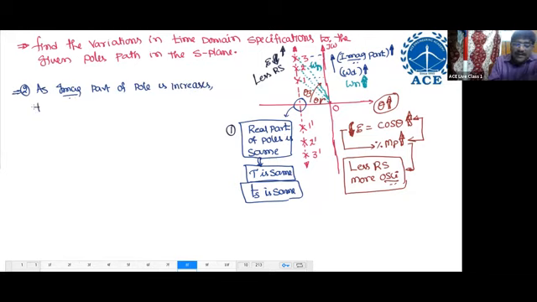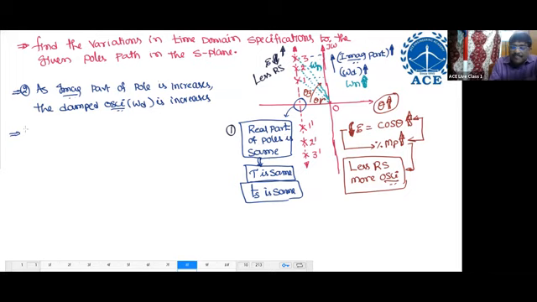then omega d increases, so the damped oscillations increase. As omega d and the diagonal distance increase, omega n increases.